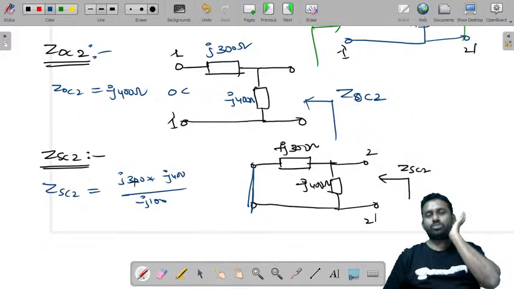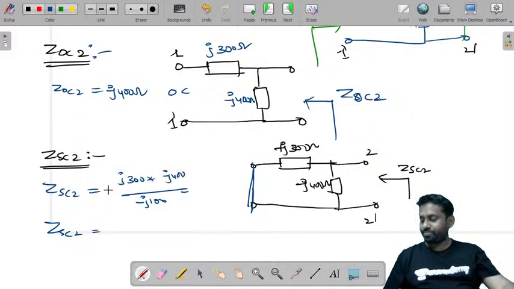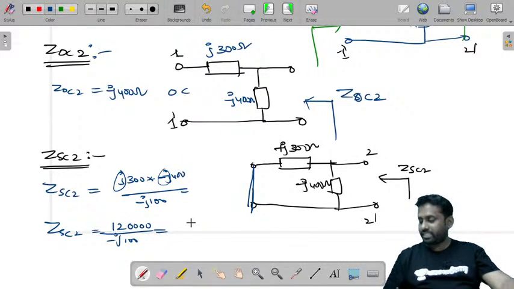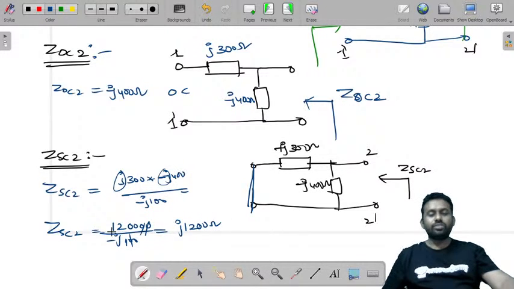J into J gives minus 1, and already you have a minus, so that becomes plus. 4 threes are 12, by minus J100. If you simplify this, you'll get J1200 ohms. You can cancel these two and take the J to the numerator.